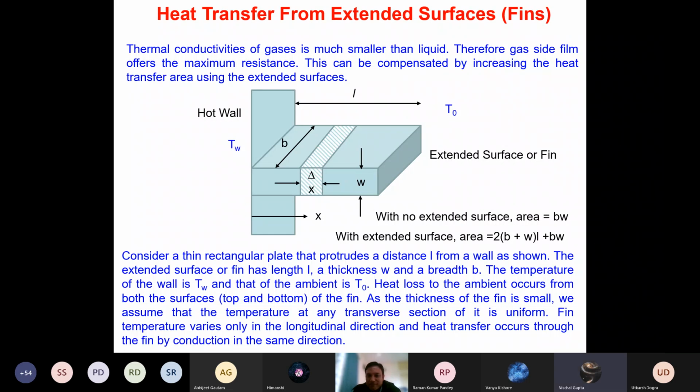Sir, I didn't understand why we want the temperature at the end to be equal to T naught. Because, see, the temperature is decreasing along the fin. So when I say the temperature here will be T naught, that means all the heat transferred by this hot wall to this fin is actually getting dissipated by the end.